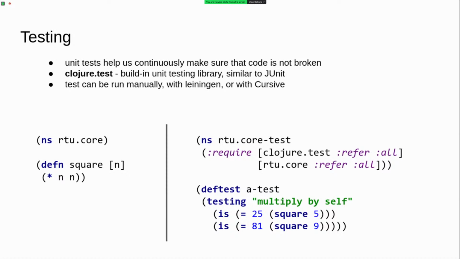And the idea is that as we write our production code, our business logic, we can, in parallel, write some other code to test the first code, to make sure that the first code is working correctly.